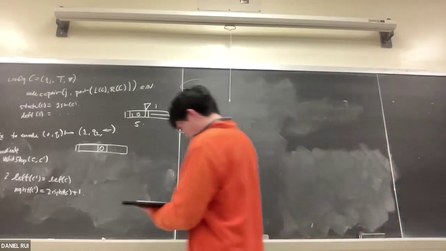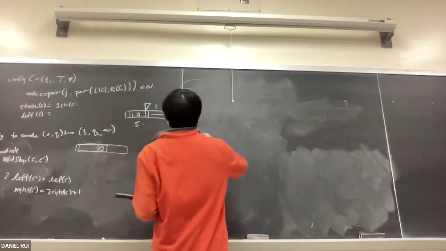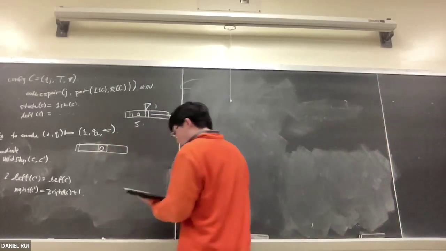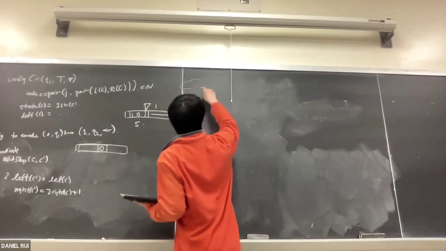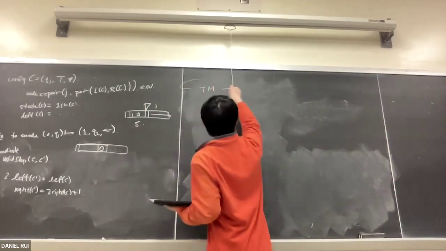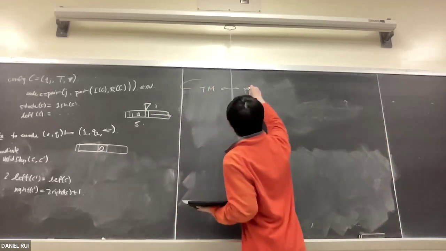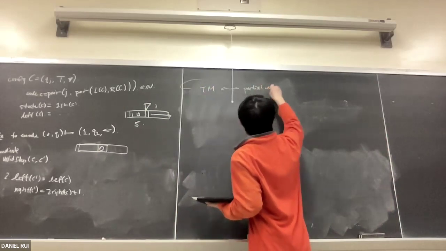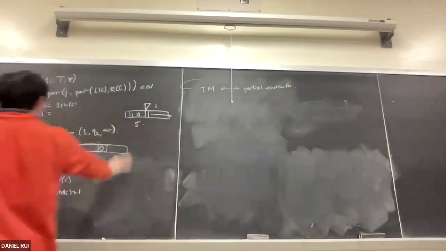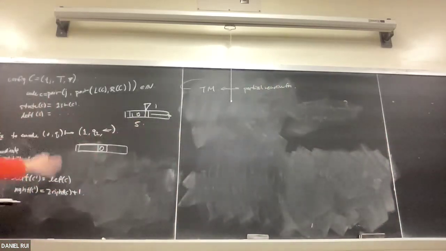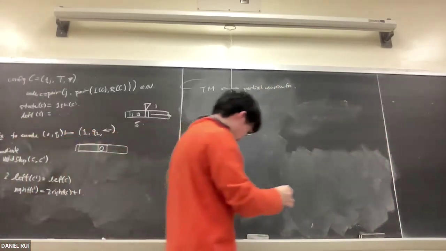So the previous result tells us that if I have a Turing machine, then I can associate with that some partial recursive function, given by all this nonsense.